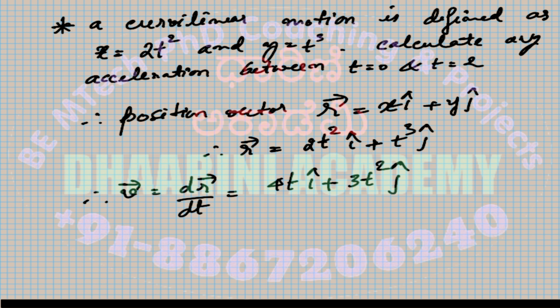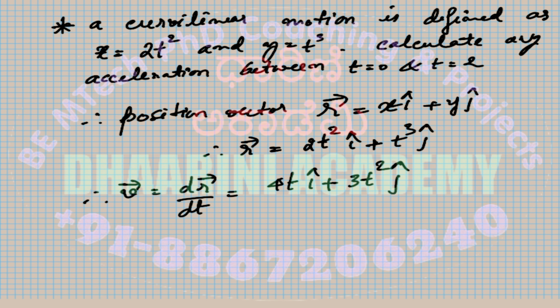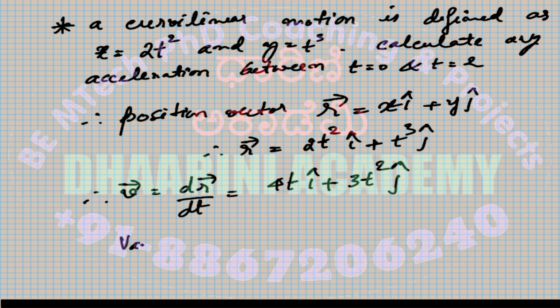We got this. But what they have asked is the average velocity. Right? It's not instantaneous velocity, it is the average velocity. So V average is equal to the V final minus V initial divided by the time taken. Time taken is 2 seconds.